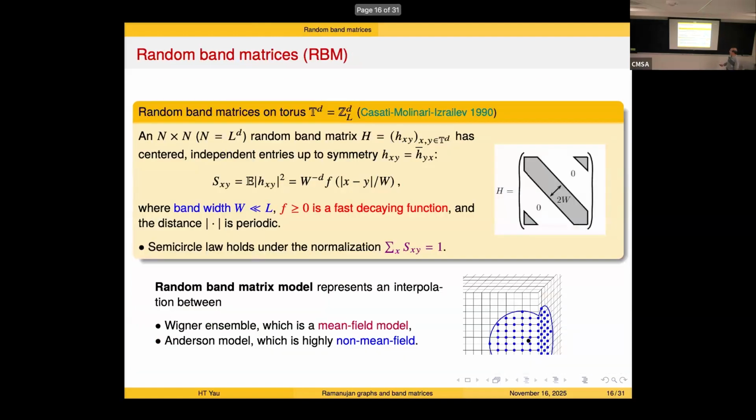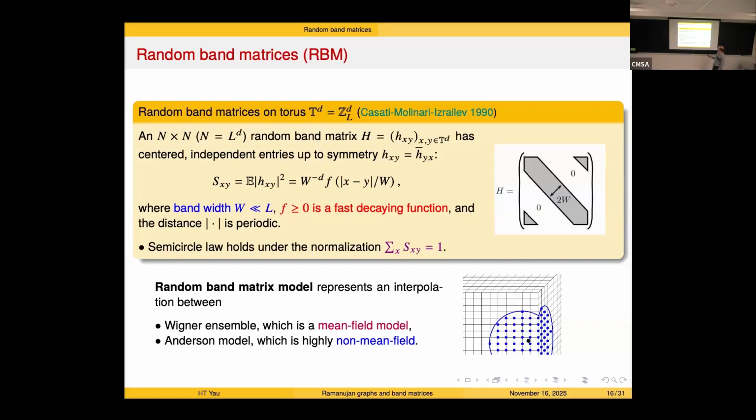Okay, so now I will say something about the magic. What's the importance of this? It's because there's a magic called the band matrix. You take an n by n matrix with a band of width W. In one dimension it looks like this, but you can also define it in 2 or 3 dimensions, where each matrix label is a lattice point on Z^d.